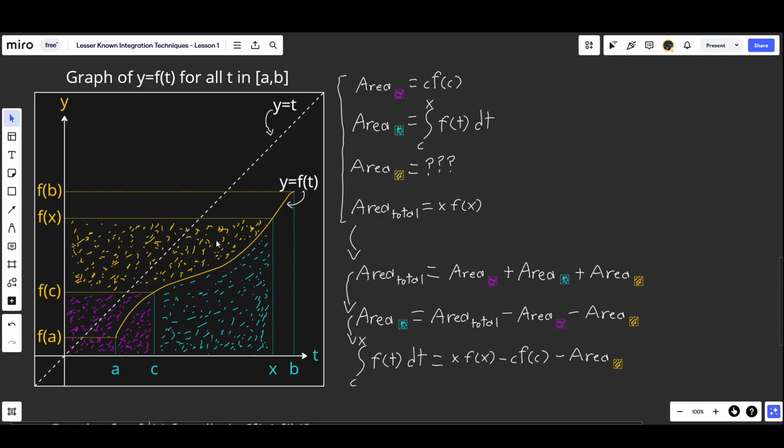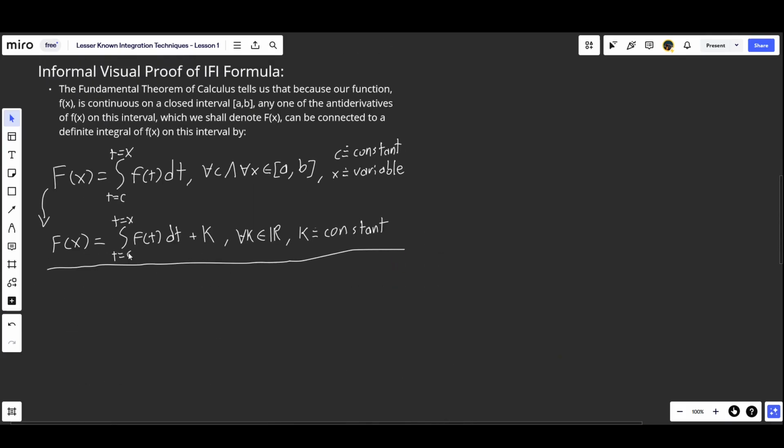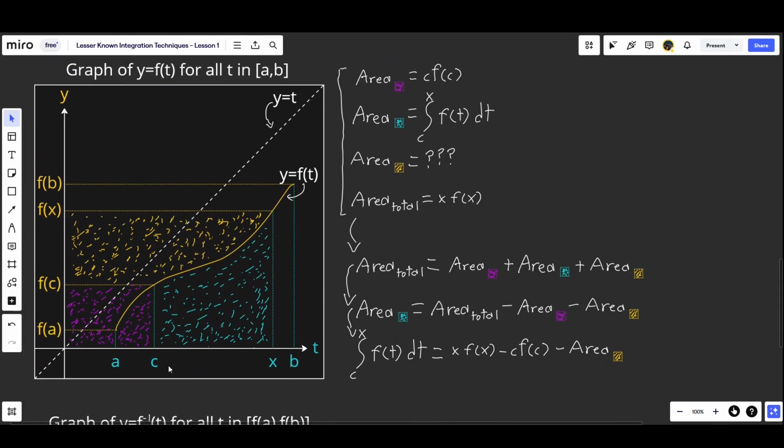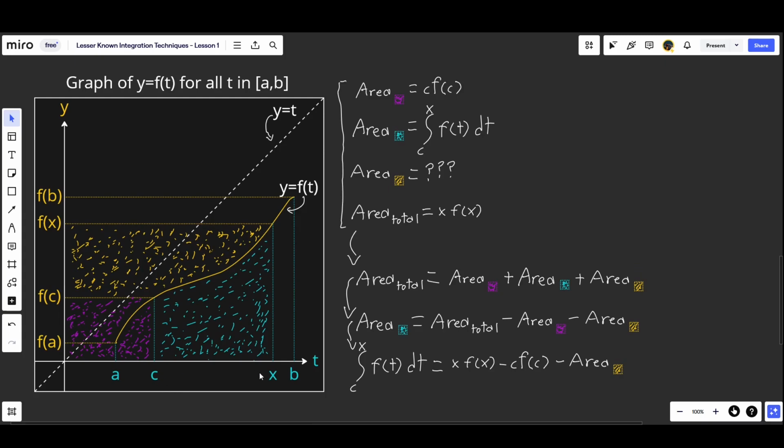We can see in this graph that the definite integral of f of t from the constant c to the variable x, where both c and x are always within the closed interval a to b, can be visually represented as this cyan area here, which is the area under the curve f of t from c to x.